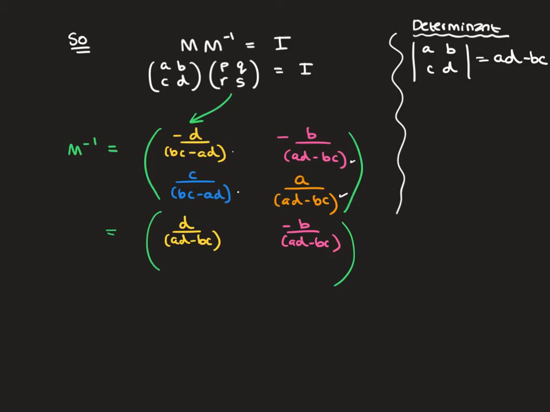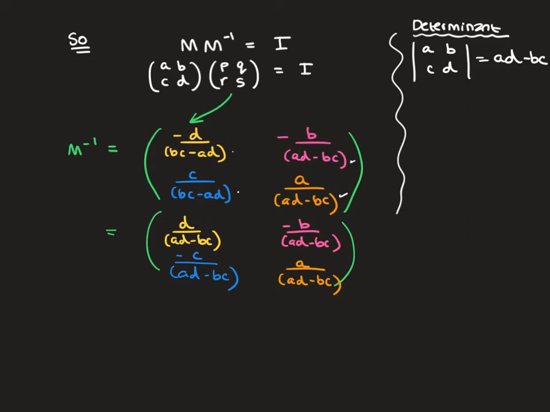The blue term, bottom left-hand corner, is going to become negative C over AD minus BC. And then the orange term, bottom right-hand corner, is going to stay as it is, A over AD minus BC. So all terms now have the same denominator, and that denominator is equal to the determinant of the original matrix M.